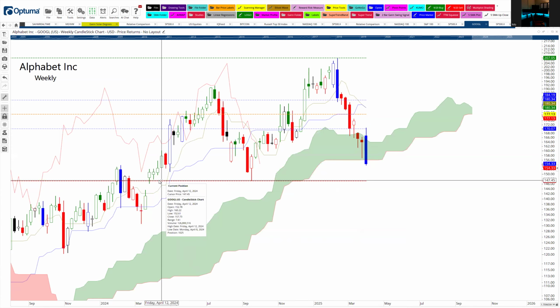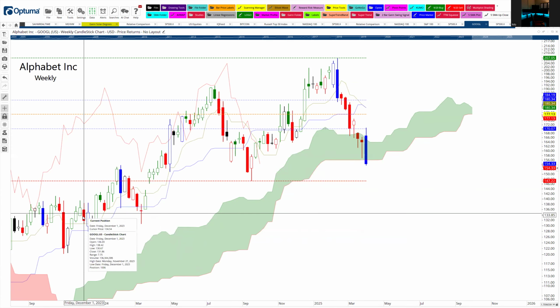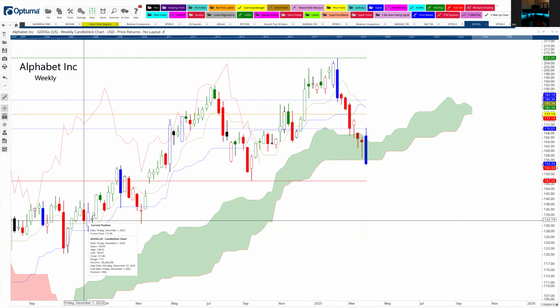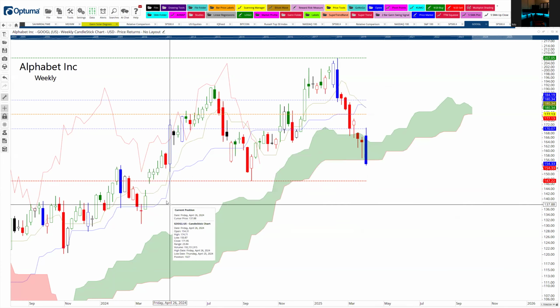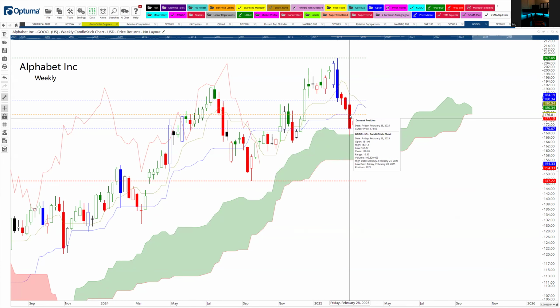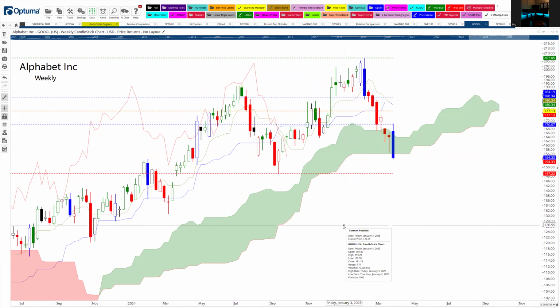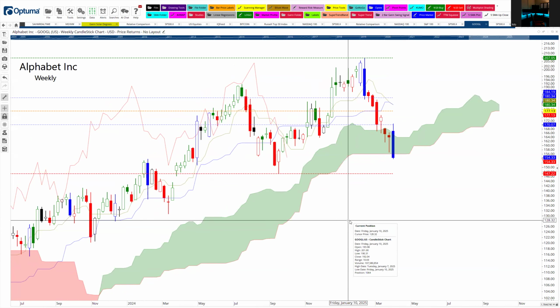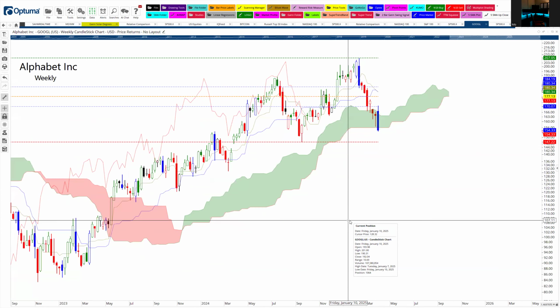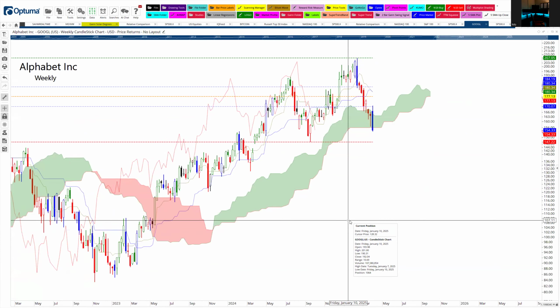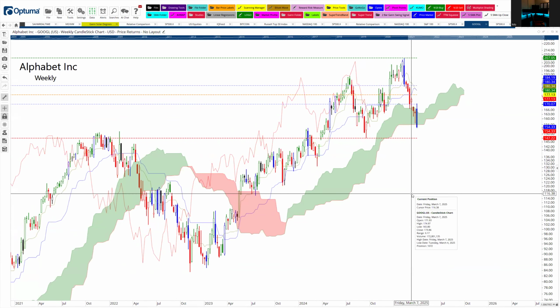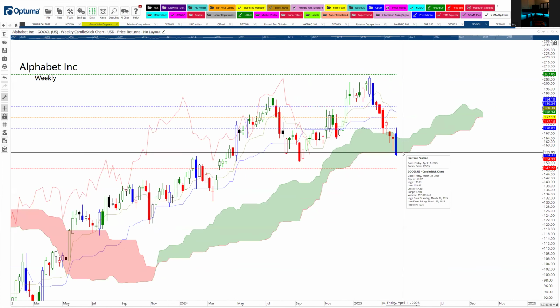On these bars, if you had a huge run and these bars engulf up on the top, a lot of the time they're going to form a top. Google is definitely a bit under pressure, but we'll see.